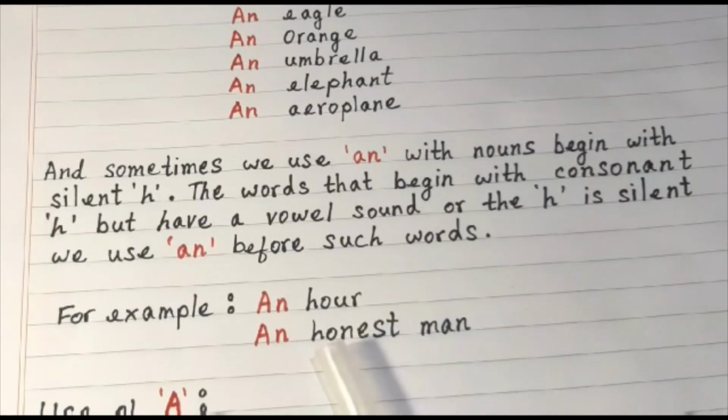It begins with a vowel sound, so we use an before such words and we say an hour. Let's take the second example, honest. It begins with a vowel sound and we say an honest man. Clear?